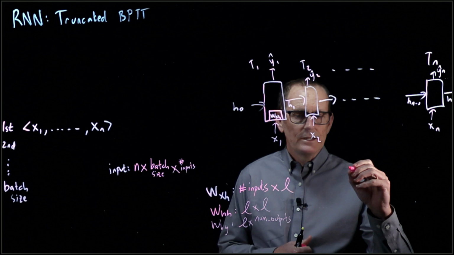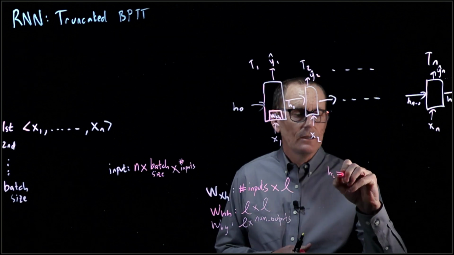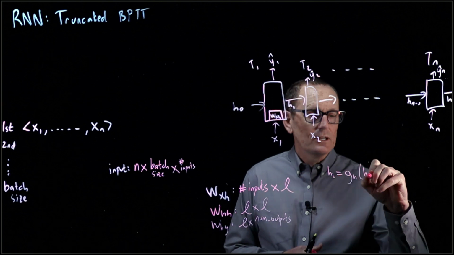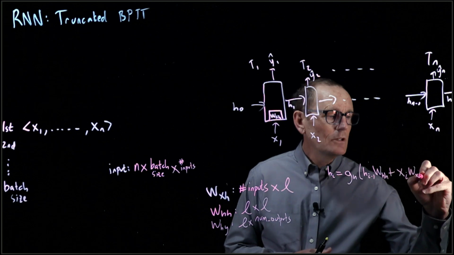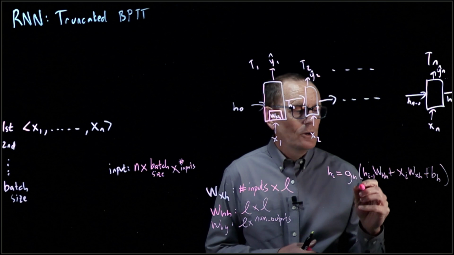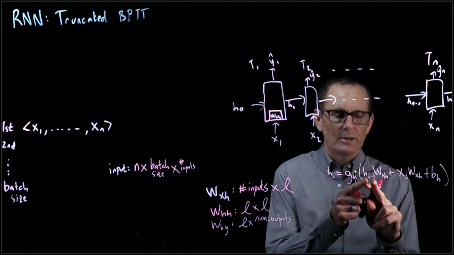We know when we're computing h sub i, it's equal to g of h sub i minus 1 times WHH plus x sub i times WXH plus b sub h. So, h sub i minus 1, we haven't actually said what the size is.